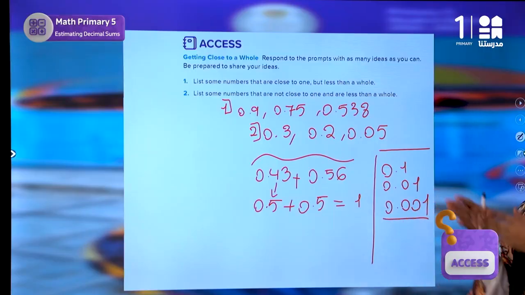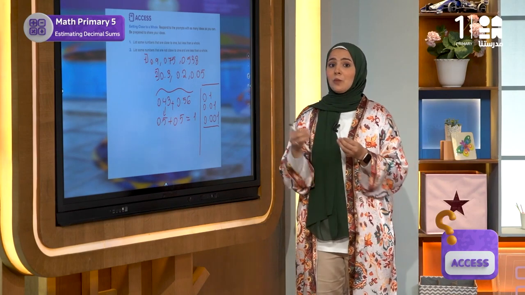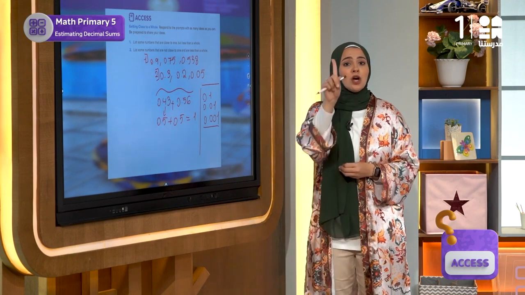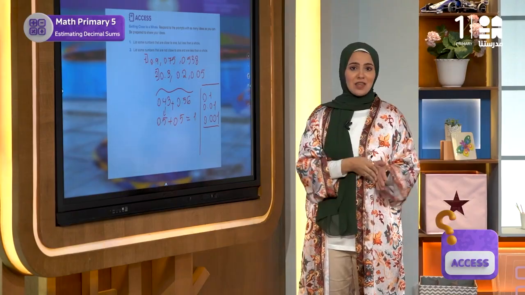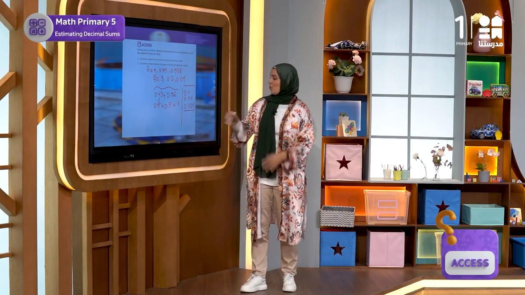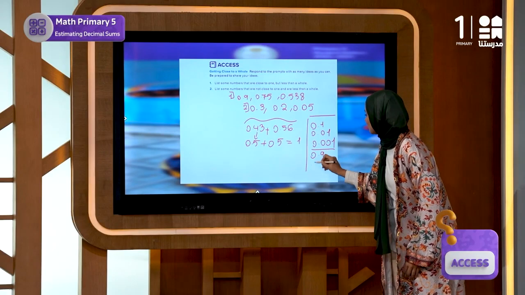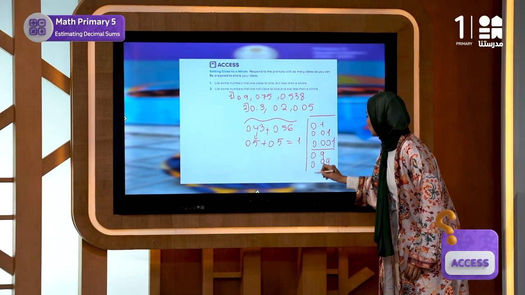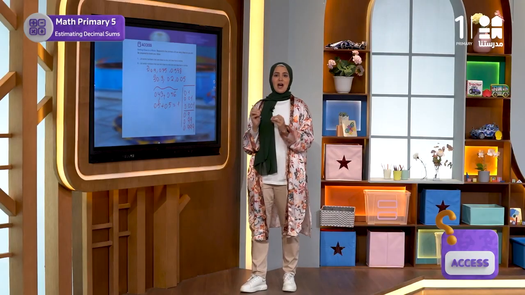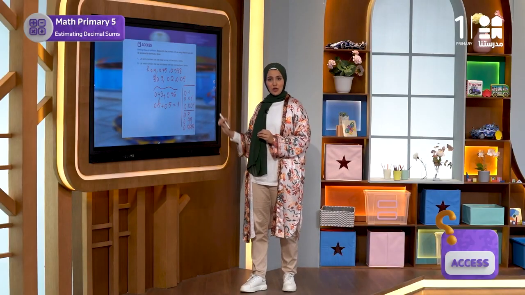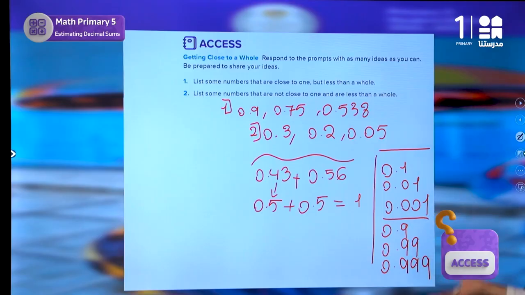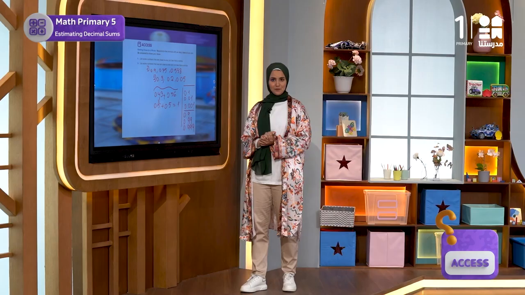Now let's go to the numbers that are closer to 9 in the decimal number part. If they are closer to 9, this means they are closer to 1 whole, like 9/10, 900, 999,000, and so on. All of these numbers are what? Closer to 1. Now, if each digit is closer to 9, as we said here, in the decimal part, it is getting closer to a whole 1.